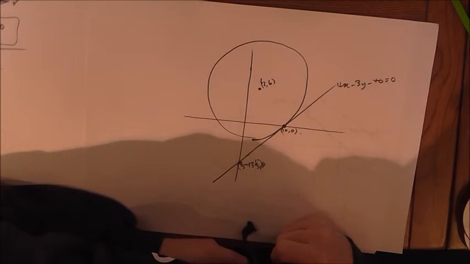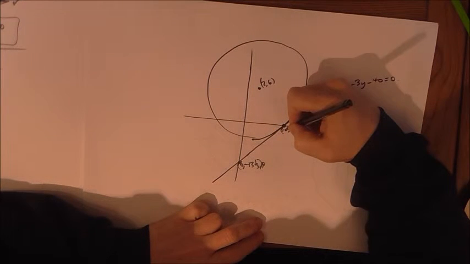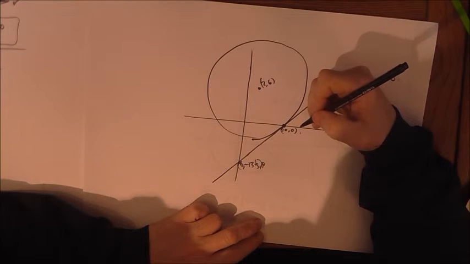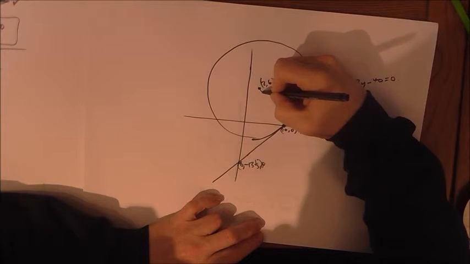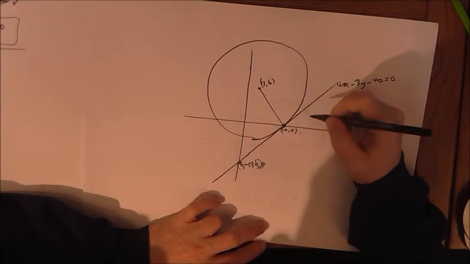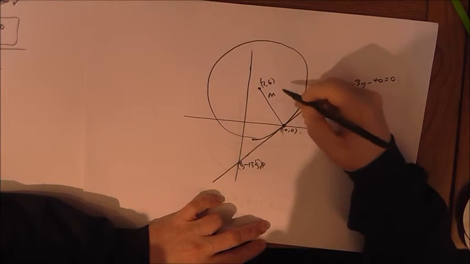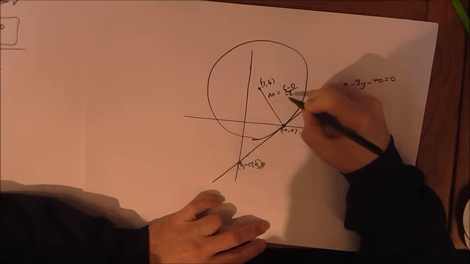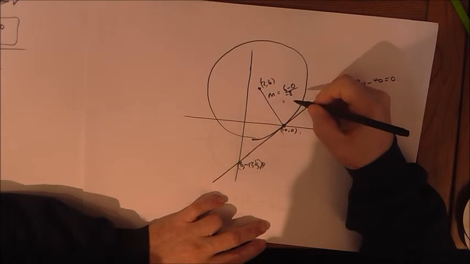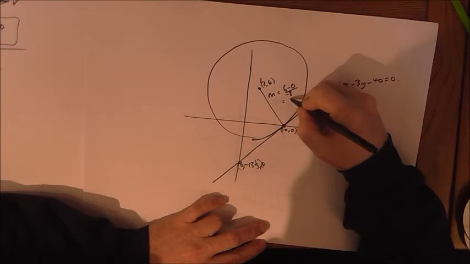So we have to show that the radius at P is perpendicular to the line. Okay, well, we know that's the case anyway from circle geometry. This question is asking us to verify it. So the gradient of these is that minus that over that minus that. So that's negative 3/4.